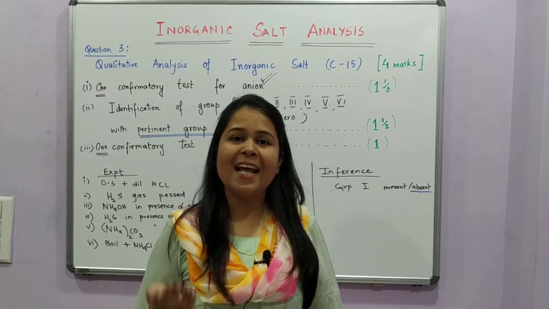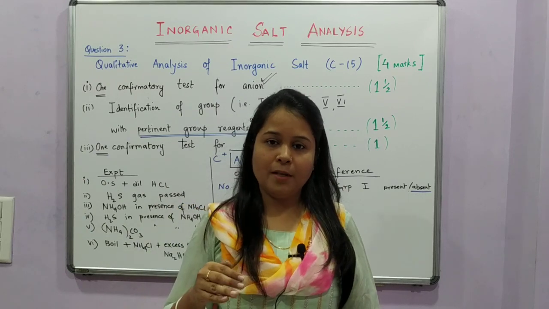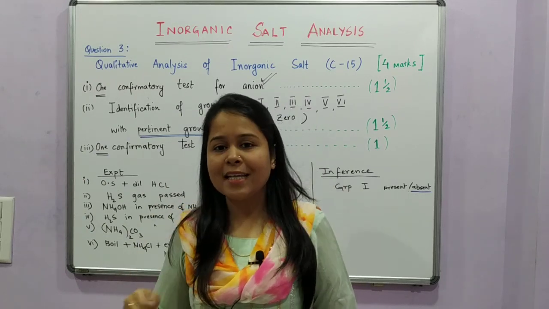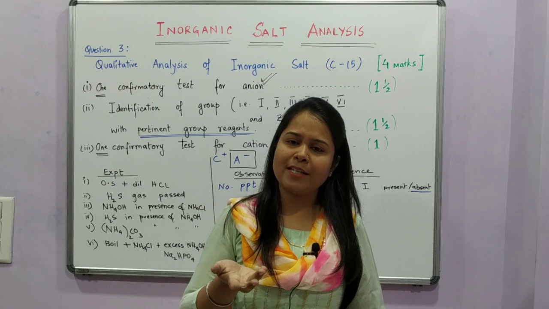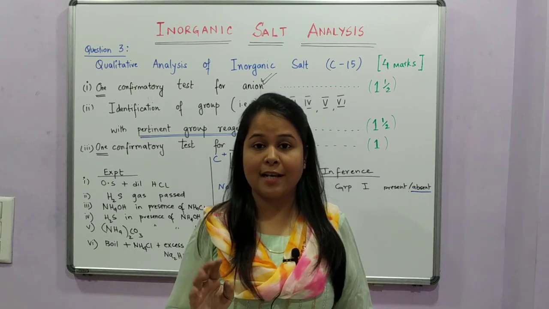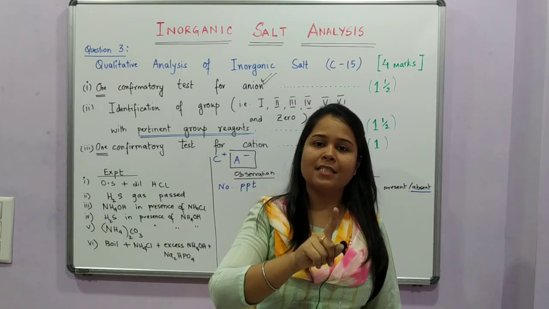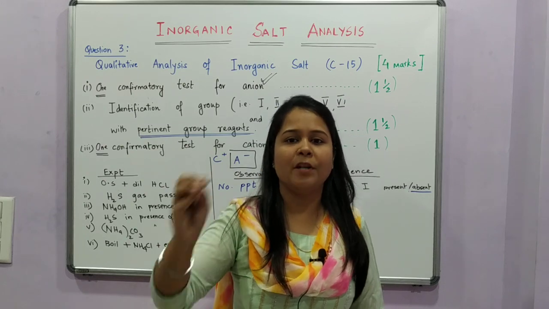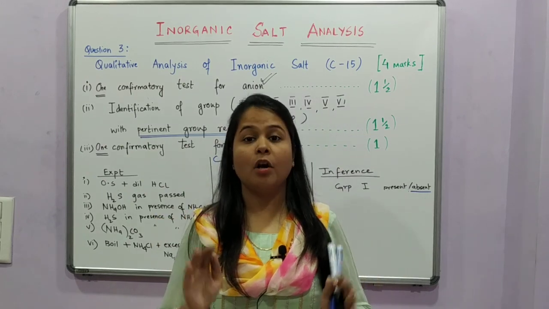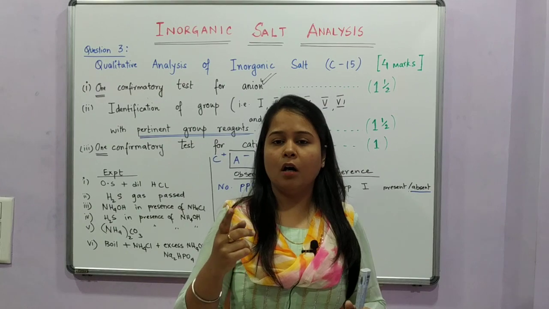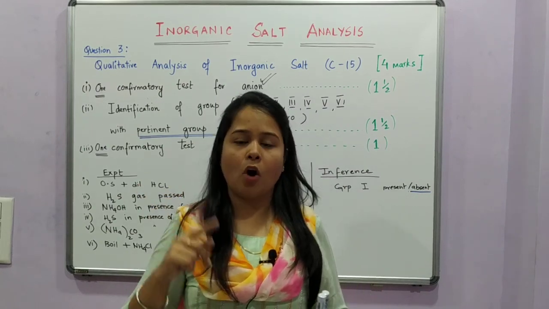What do you need to write? That this white precipitate is insoluble in either dilute HCl or dilute nitric acid, any mineral acid. So this soluble part and insoluble part in excess of that mineral acid needs to be shown in order to get full marks. So you need not ponder further why or where you lost marks.